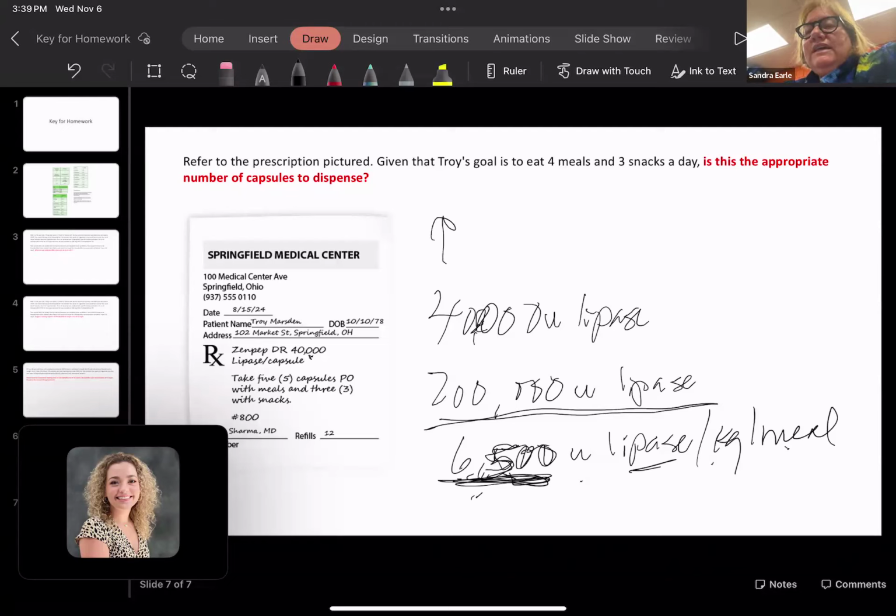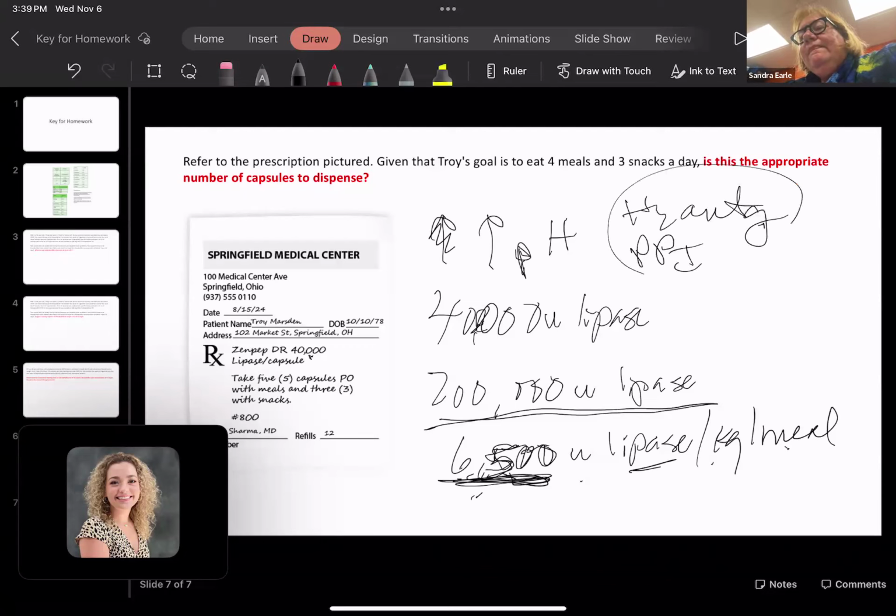What we usually do is try to increase the pH so that the enzymes don't get destroyed in the gut as they go through. So you can give an H2 antagonist or a PPI to increase the pH, and that usually allows these drugs to work better. It increases their bioavailability basically. Does that make sense?